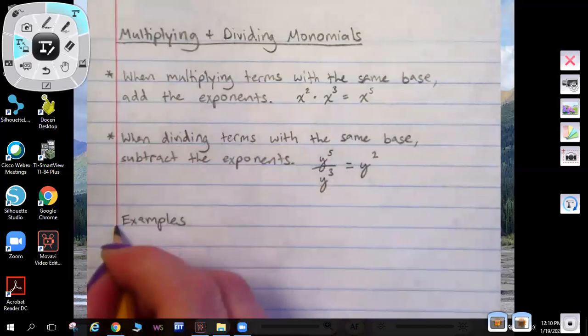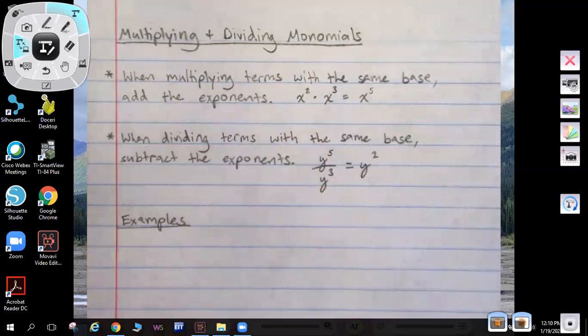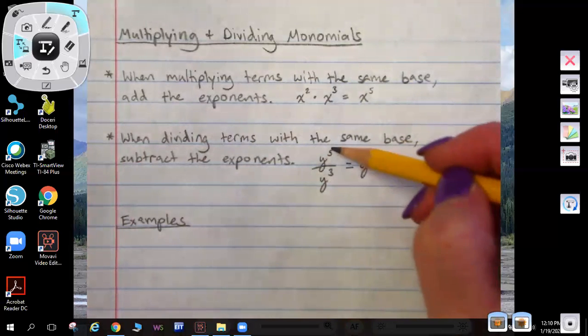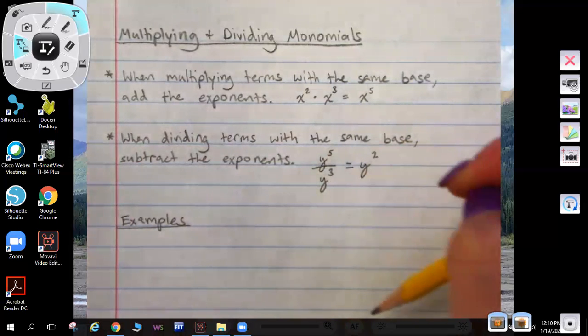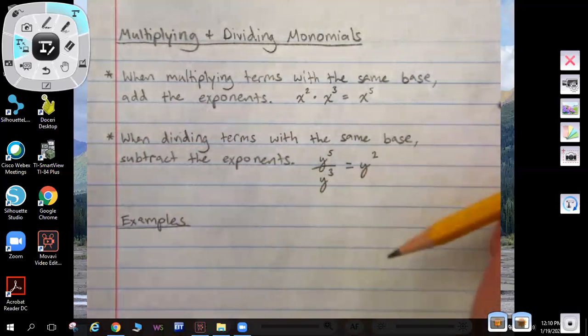All right, let's just look at some examples. You would just end up with a negative exponent.